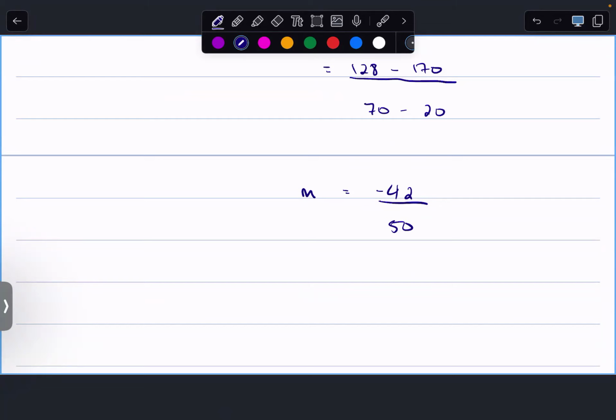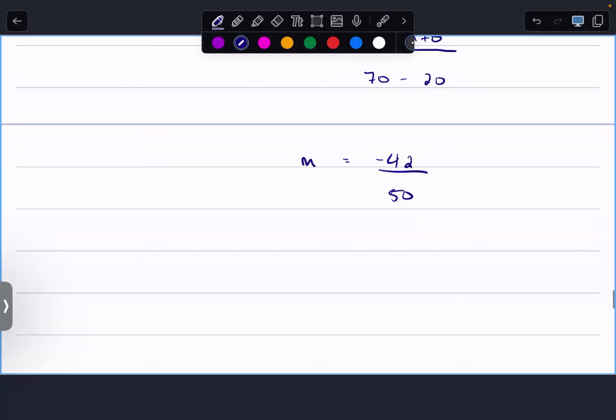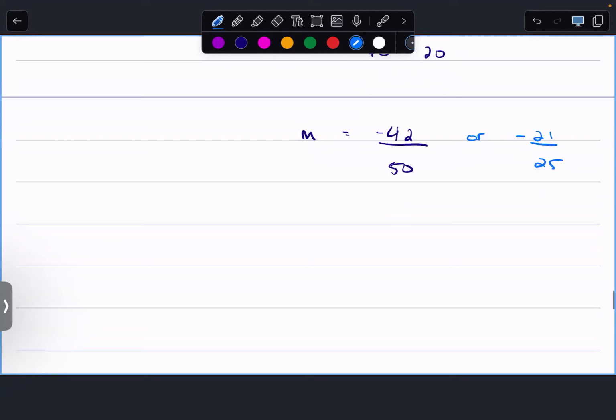Leave it. Or negative 21 over 25. I didn't do that in my head. I just let the calculator do it. But I should have played it off as if I did, I guess. It's not terribly impressive though. We got the slope. Need to find the intercept.